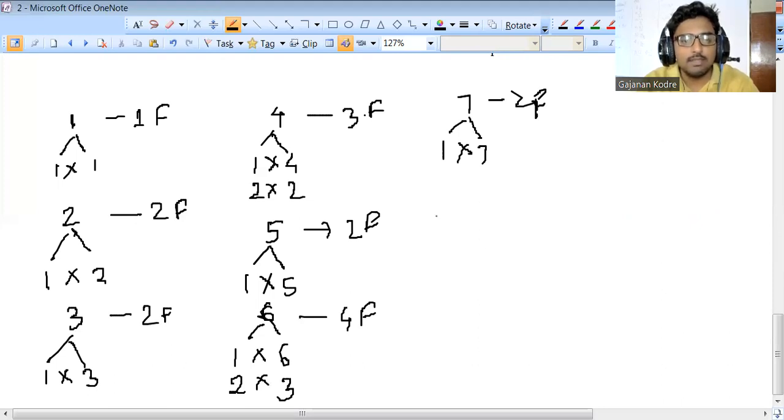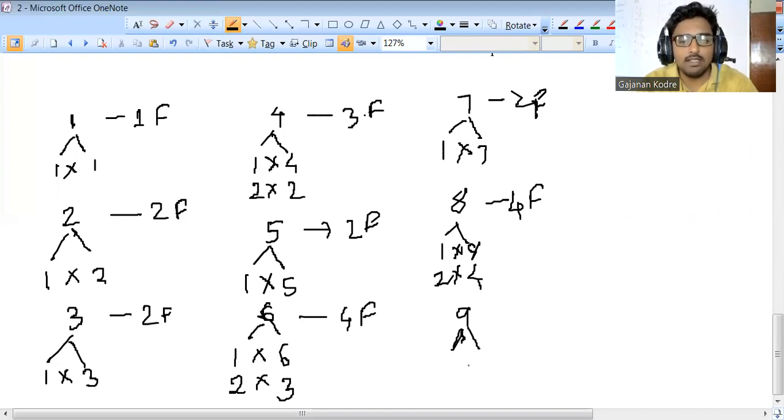Similarly, 8 has how many factors? 1, 8, 2, 4, so 4 factors, right? Similarly, number 9 has 1, 9, 3, so 3 factors.